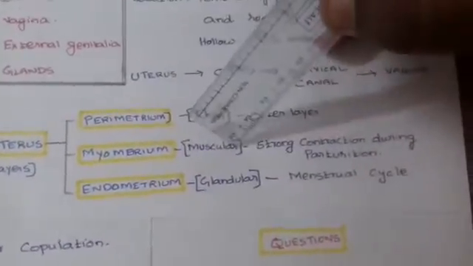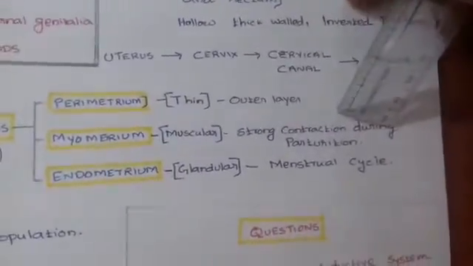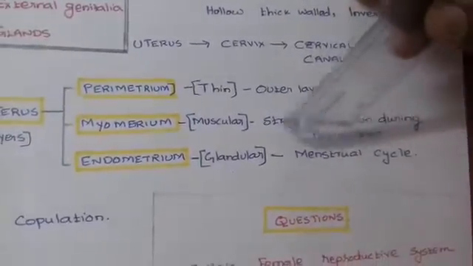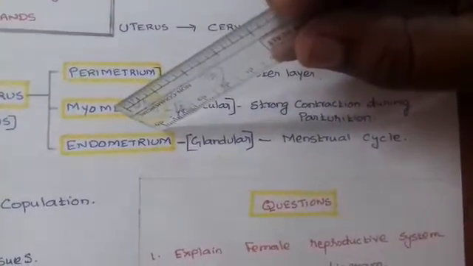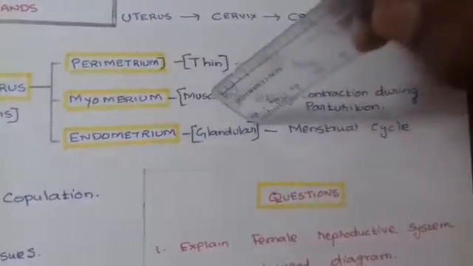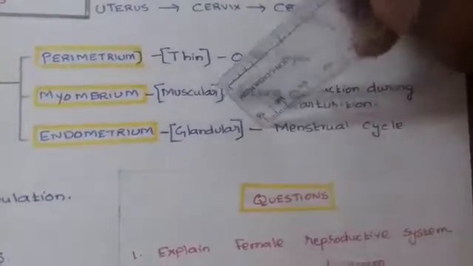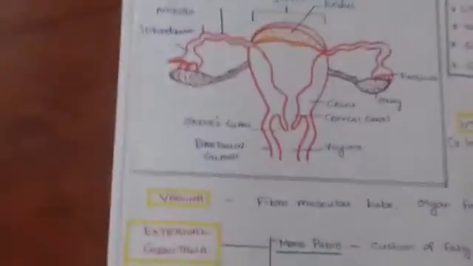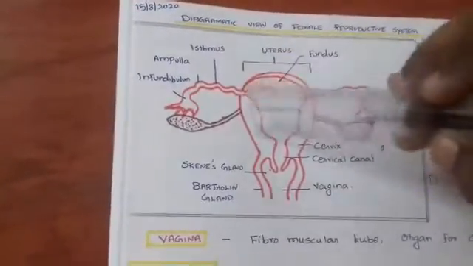Myometrium is muscular and it undergoes strong contraction during parturition, which means delivery. Endometrium is a glandular structure and it undergoes changes during the menstrual cycle. So these are all the descriptions of the uterus.